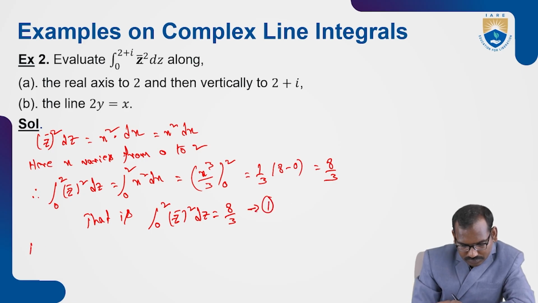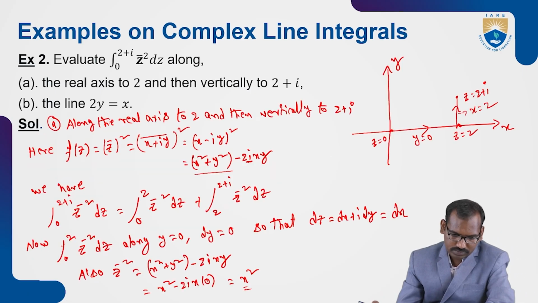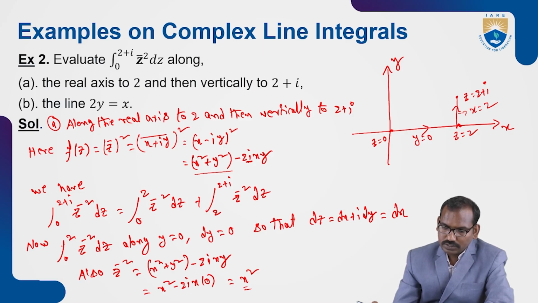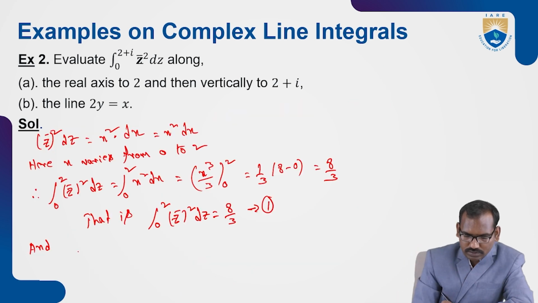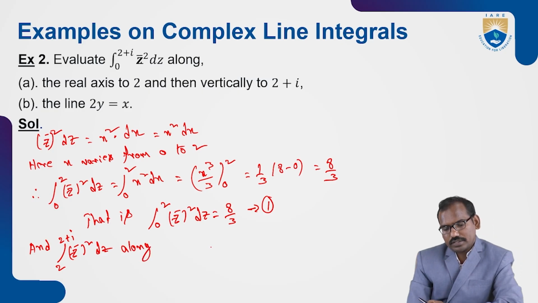And we need to evaluate the second integral along x equal to 2. Integration of z bar whole square dz, where z varies from 2 to 2 plus i along which curve?